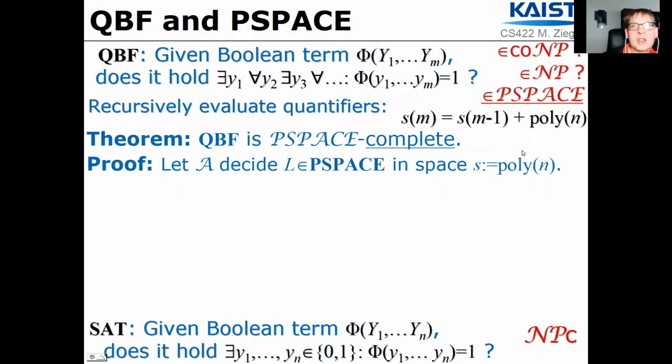We need to design a polynomial time reduction from this arbitrary decision problem, about which we know nothing other than that it can be solved in this amount of memory by this algorithm, and convert that in polynomial time into an equivalent instance of QBF, a quantified Boolean formula that is true if and only if the input is a positive instance of L.